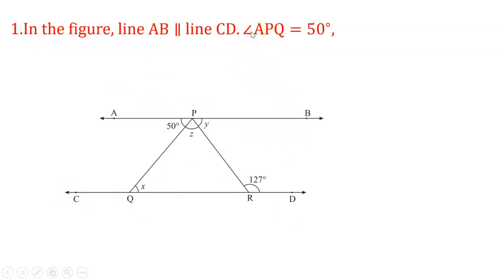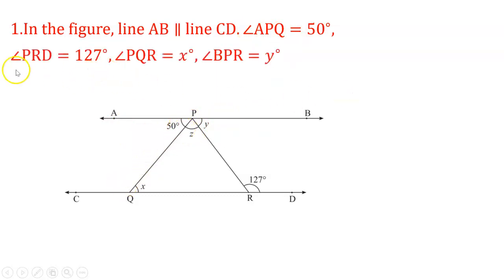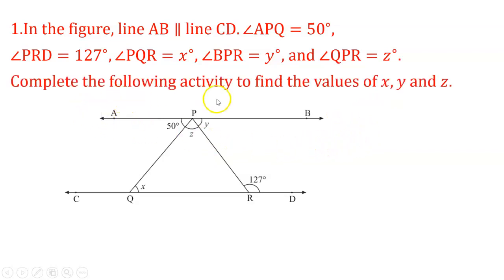Angle APQ is equal to 50 degrees. Measure of angle PRD is equal to 127. Measure of angle PQR is equal to X degrees. Measure of angle BPR is equal to Y degrees. And the measure of angle QPR is equal to Z degrees. Okay. We can also do it orally here, but we are going to do it through the activity. Complete the following activity to find the values of X, Y and Z.